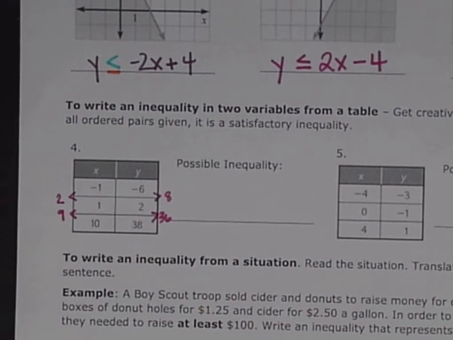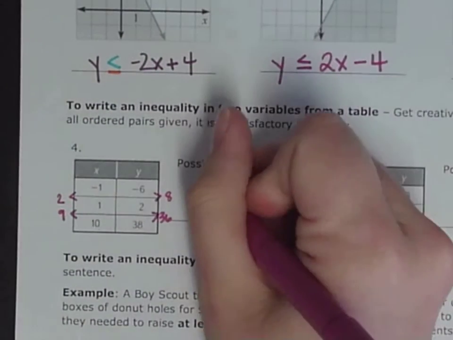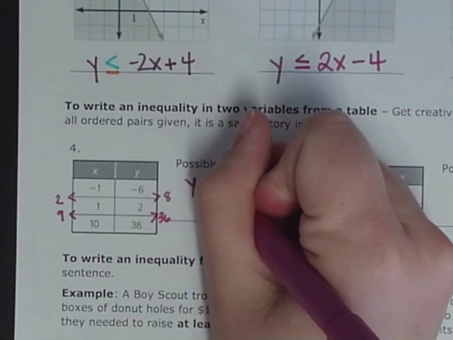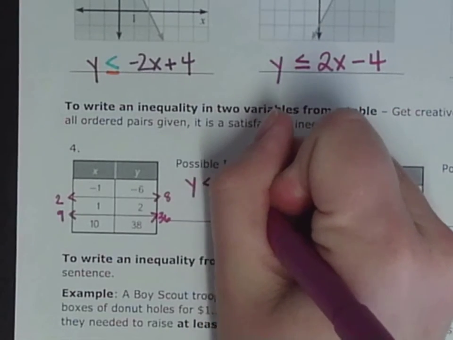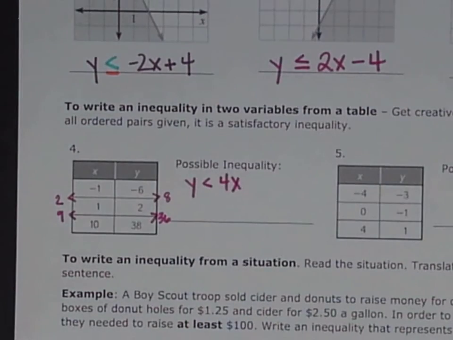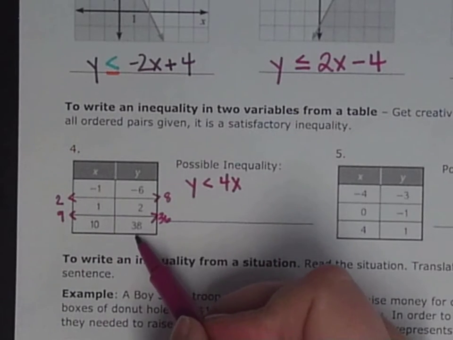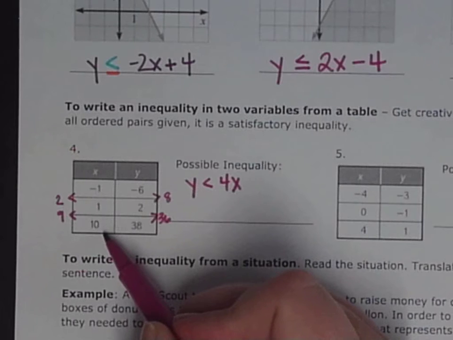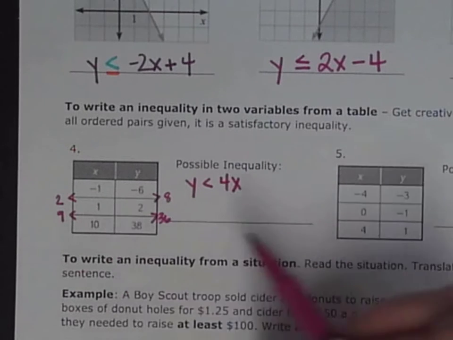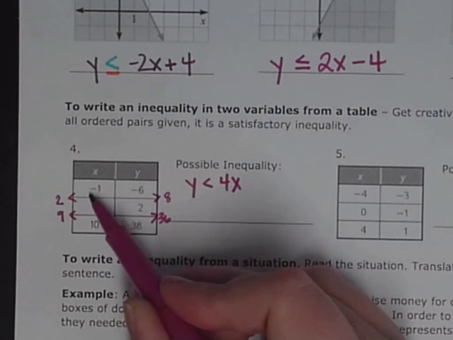So this has a slope of 4. These are in a line, but if we want an inequality, we could say, okay, y is less than 4x. Is that true? Well, 38 is less than 10 times 4. 2 is less than 1 times 4. -6 is less than -1 times 4.